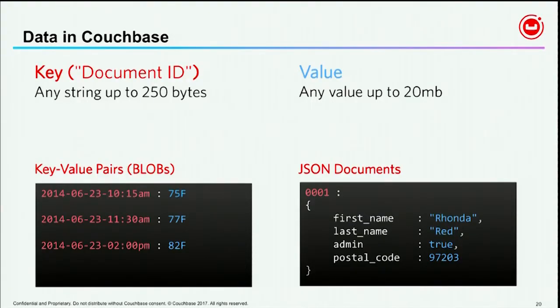You can also store JSON documents. And the nice thing about Couchbase is you can store these side by side in the same database. So when you have a mix of data, you don't have to worry about segregating it. You can keep it side by side. And even as key value, you still have quite a bit of querying and indexing because the key name itself is recognizable to Couchbase, so you can do range queries and searches off of that.